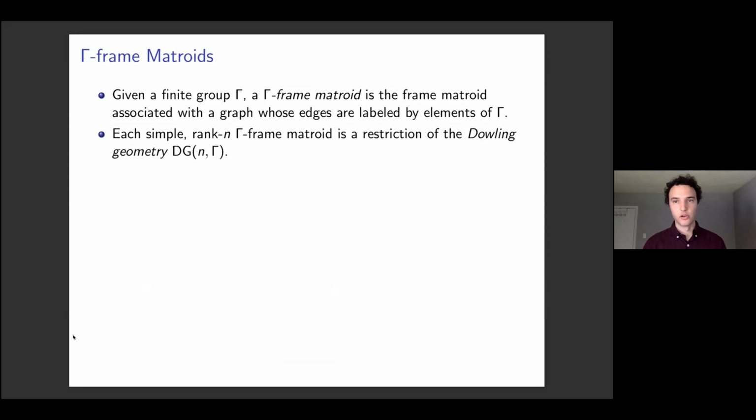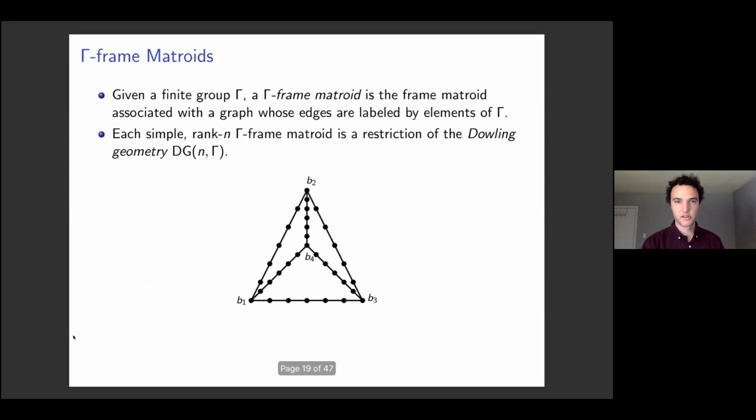Okay, so to show you what these gamma frame matroids look like, I just have to show you what these Dowling geometries look like. So here's an example of a Dowling geometry. This has rank 4, and this is over a group of size 5.